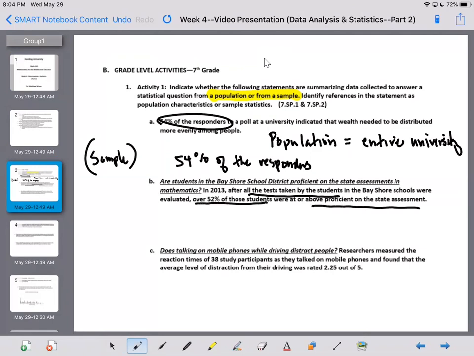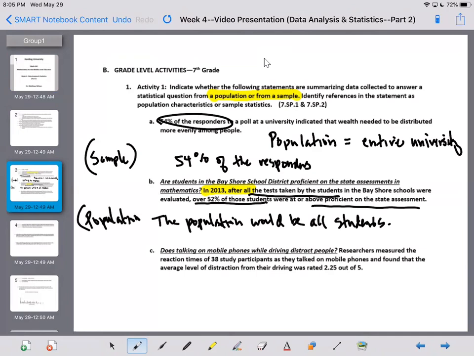Well, when we see right here, it says in 2013, after all the students. So the population would be all students. So this does represent a population.